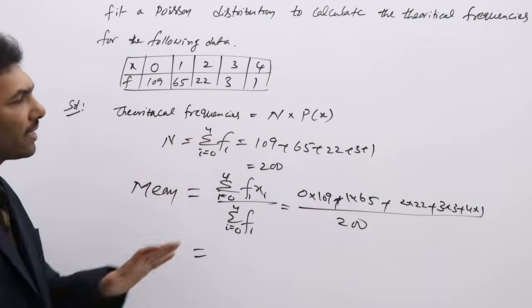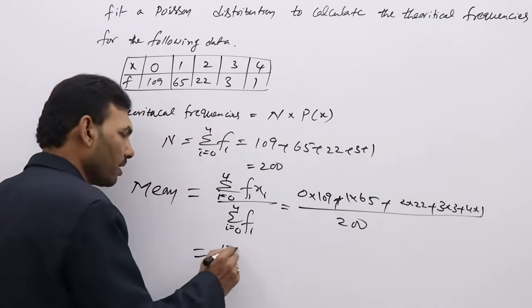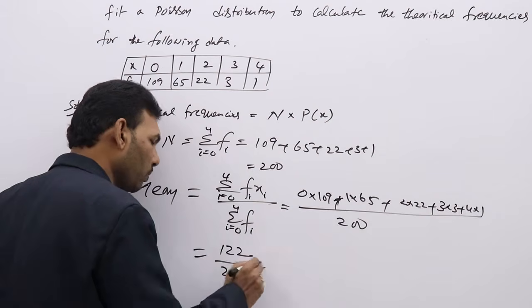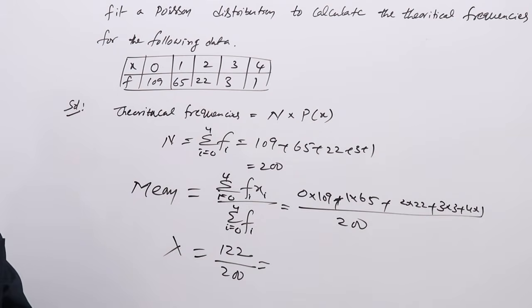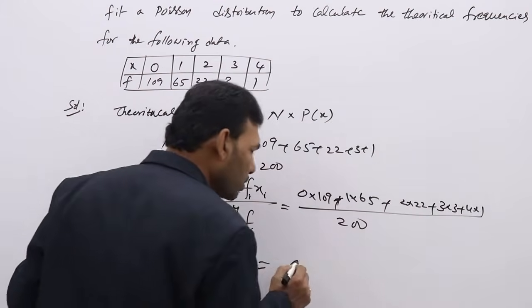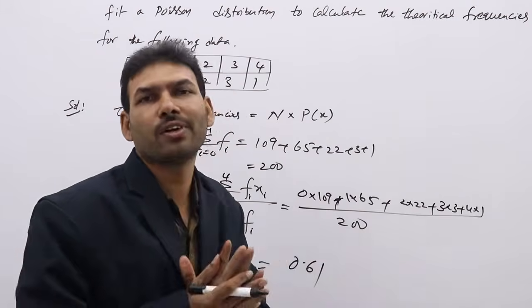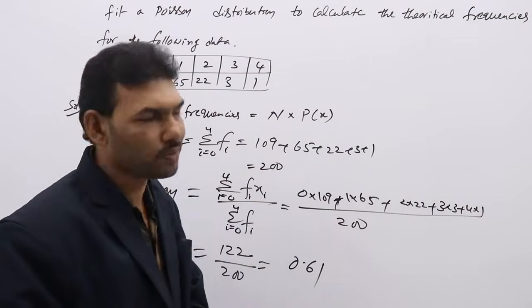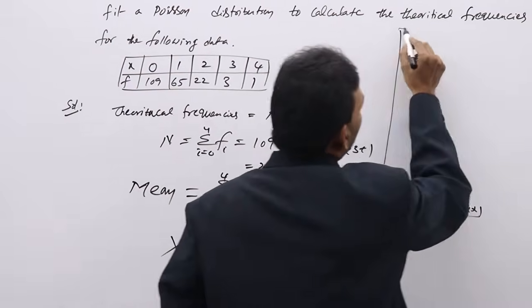If you calculate the numerator value using your calculator, you will get 122 by 200. Then calculate again using your calculator, you will get the value 0.61. If you get the lambda value, that is enough to find any probability in Poisson. So now we are going to find all probabilities like this.